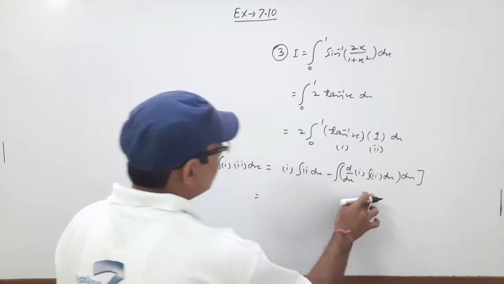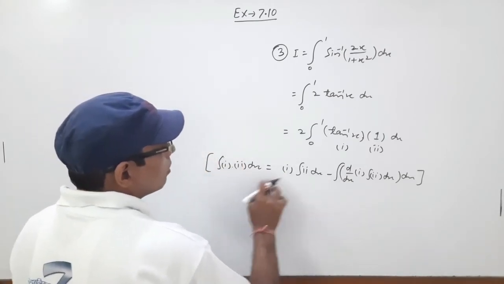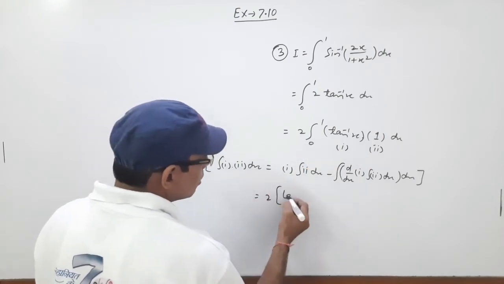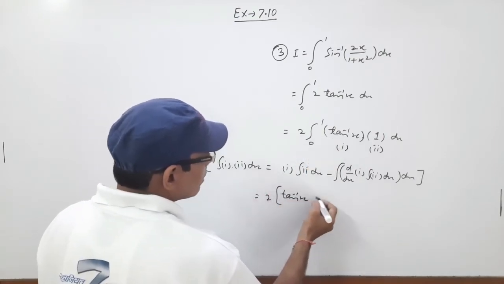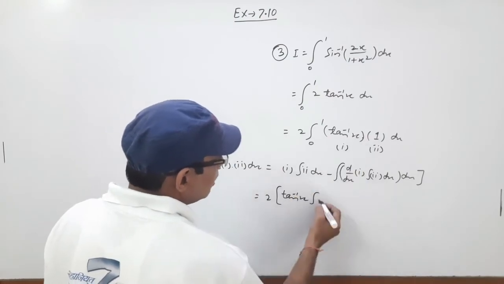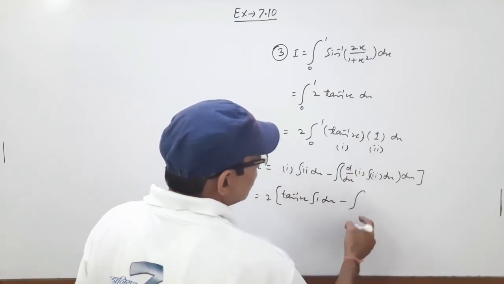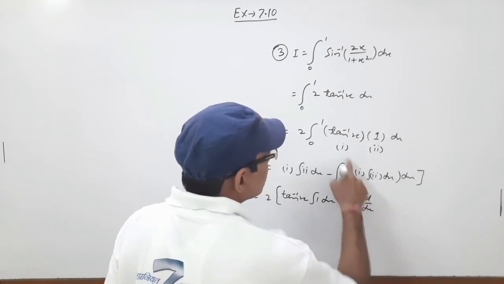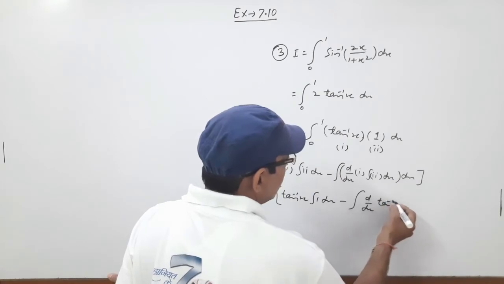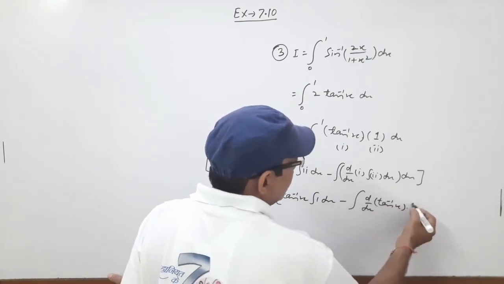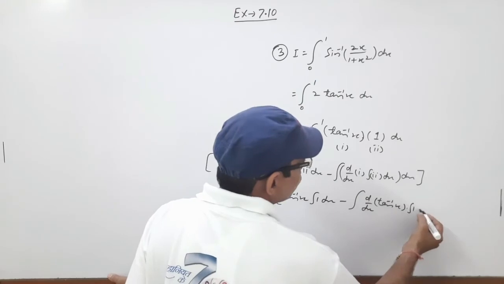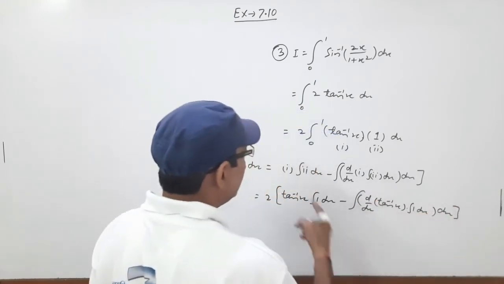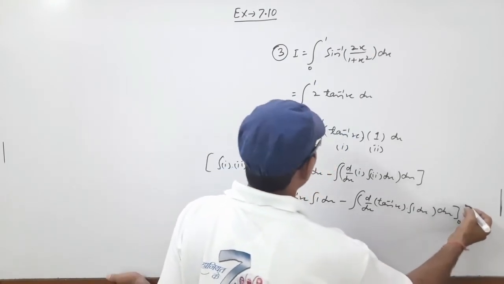This is the formula. Using this formula, we have 2 times: first means tan inverse x, and the integration of second means 1 dx, minus inside the integral the derivative of first, tan inverse x, and integration of second, which means 1 dx, and whole dx, and the limit is from 0 to 1.